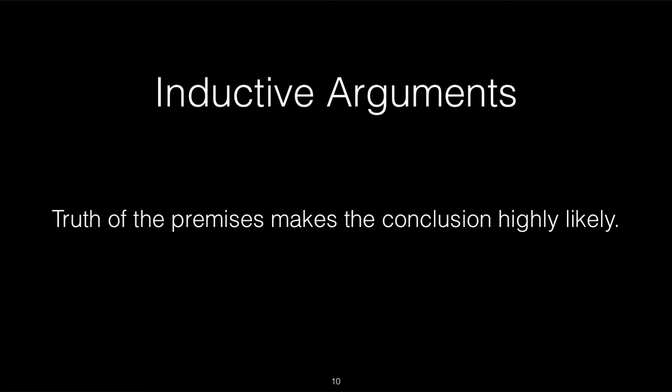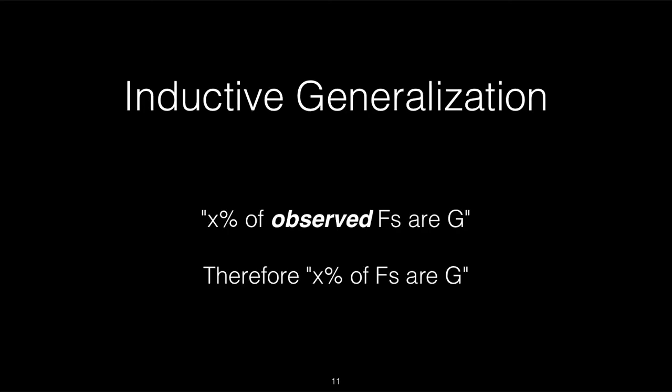Unlike deductive arguments, the truth of the premises of inductive arguments do not guarantee the truth of their conclusion. So the truth of the premises of an inductive argument only make the conclusion highly likely. And there are several different types of inductive arguments, and those are what we're going to look at now. So the first type of inductive argument is called an inductive generalization.